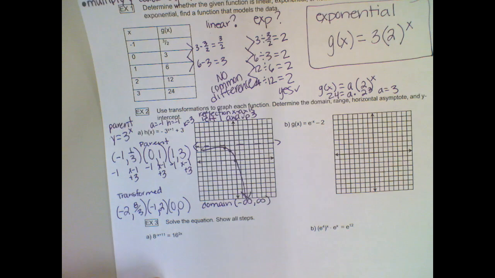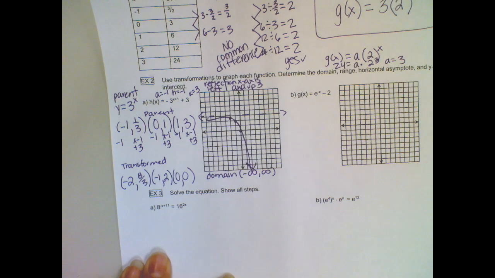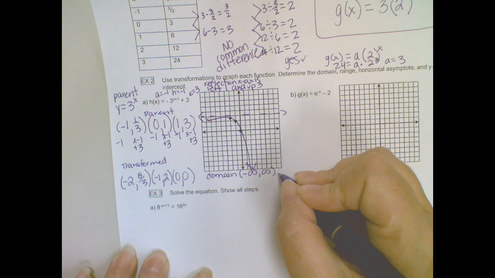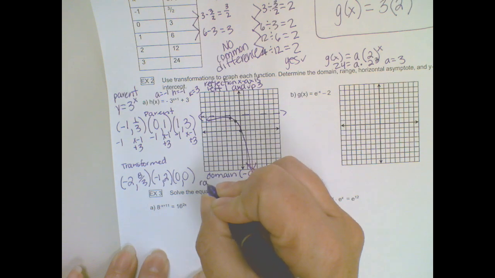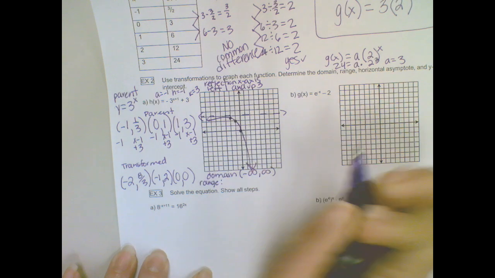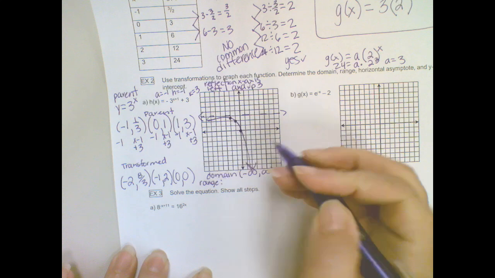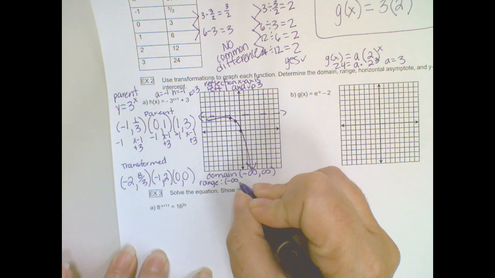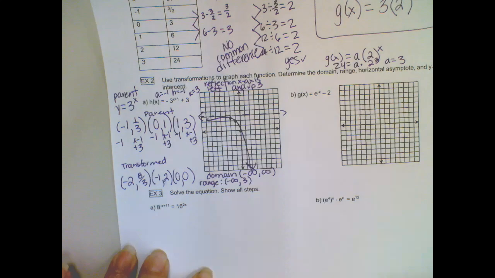For all exponential functions, it should be -infinity to infinity on the domain unless it's a word problem. The range, in this case, goes from -infinity up to the asymptote. So -infinity to 3 in this case.